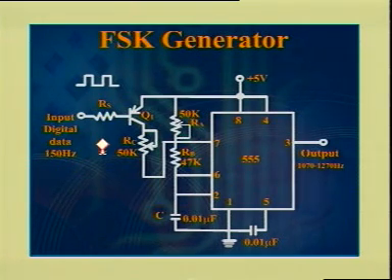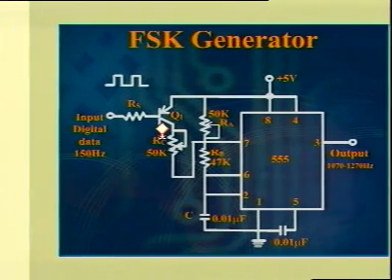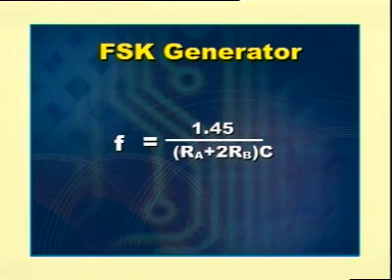Here simply it is indicated as square wave with 150 Hz. Now when input is high, the PNP transistor Q1 is open circuit. Therefore the 555 timer will work with a frequency f equal to 1.45 by RA plus 2RB into C, because the transistor Q1 is open.